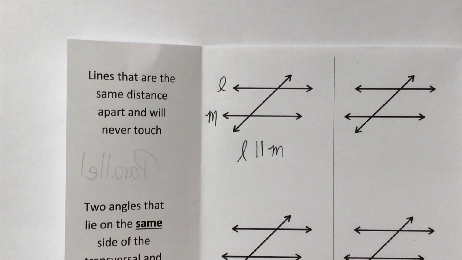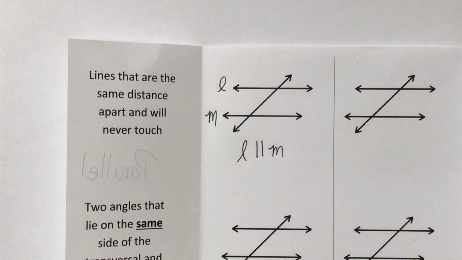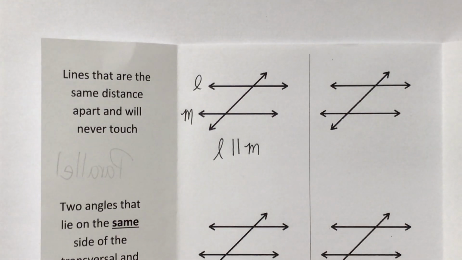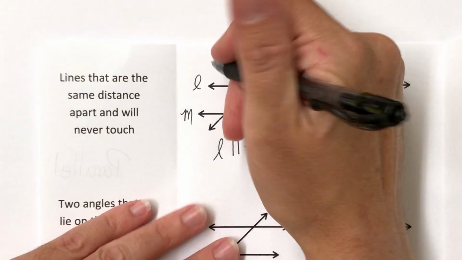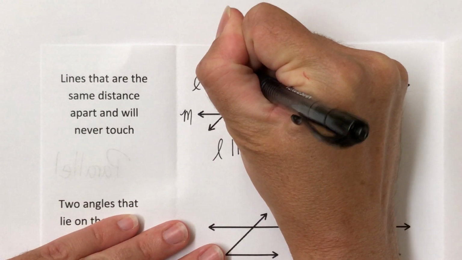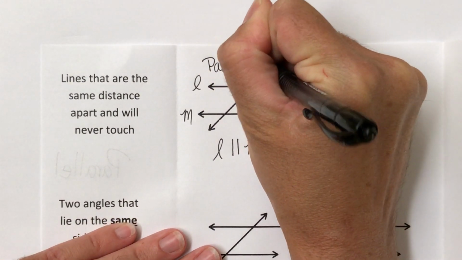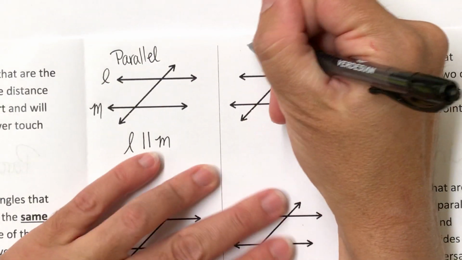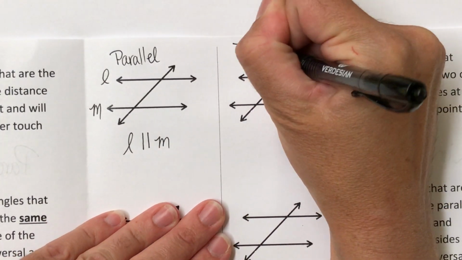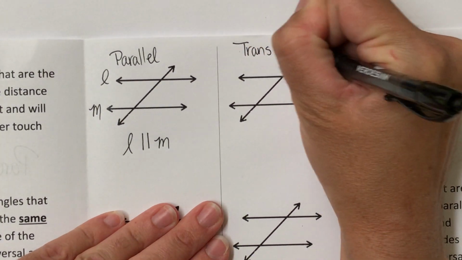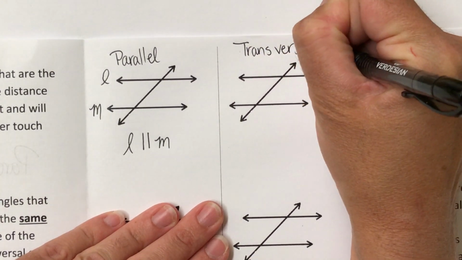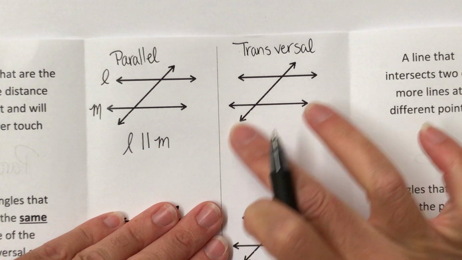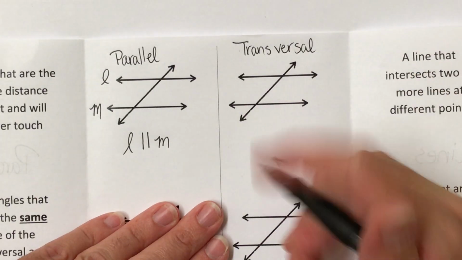And then this next picture talks about what we know as a transversal. So parallel. And then now we're going to learn about a transversal. So a transversal is a line that comes through and intersects the parallel lines.